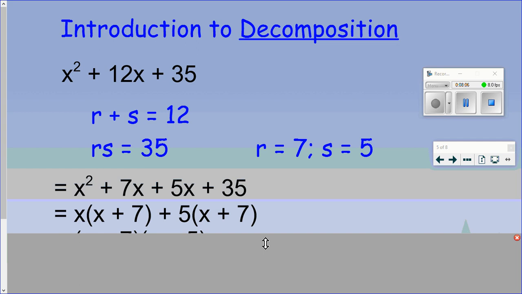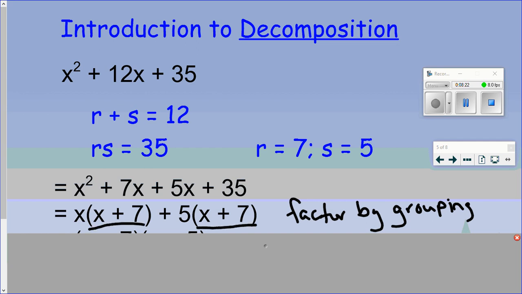And we're going to do something called factor by grouping. So if you go back to yesterday's lesson again, remember that weird style of common factoring? We have x plus 7 in both terms. So we're going to factor out x plus 7 from both terms.